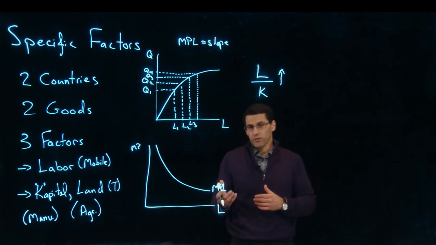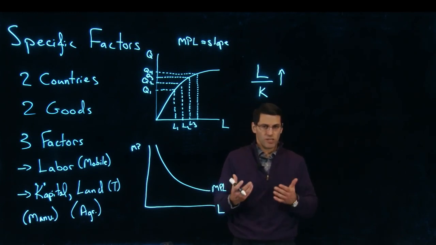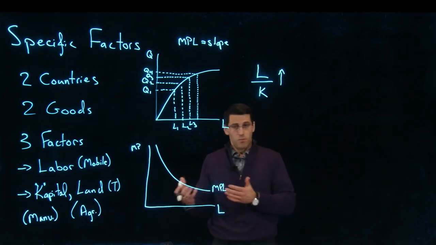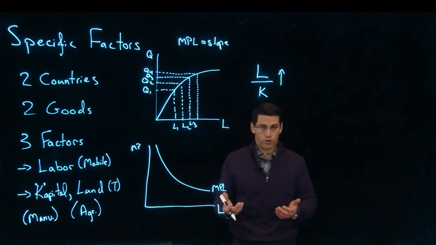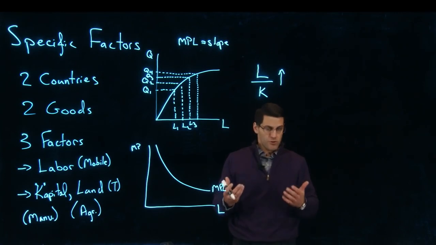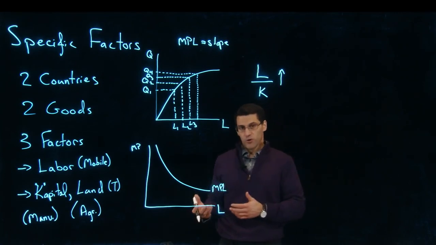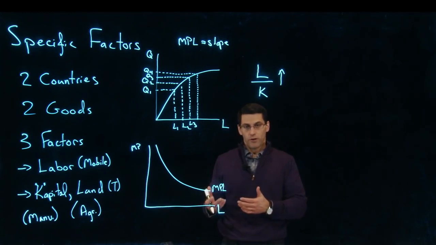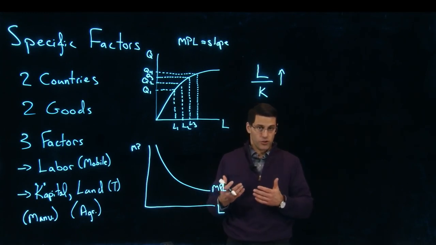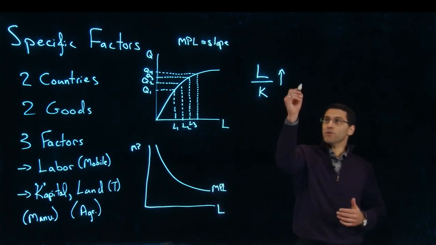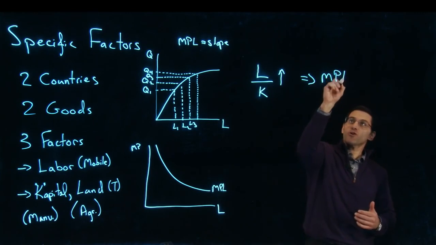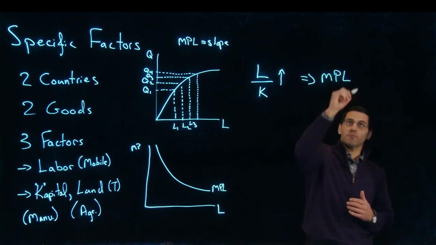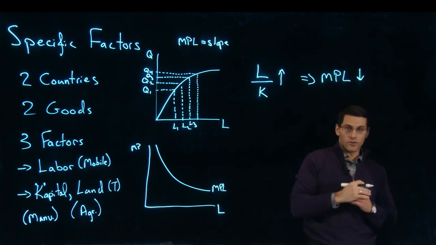But what about a 5th worker? Well, maybe they can do some additional tasks, but they're not really adding as much to output as when you went from the 2nd to the 3rd or the 3rd to the 4th worker. That's the basic notion behind the diminishing marginal productivity of labor when your other factors of production, in this case capital, are fixed. So as the labor to capital ratio increases, the marginal productivity of labor decreases.